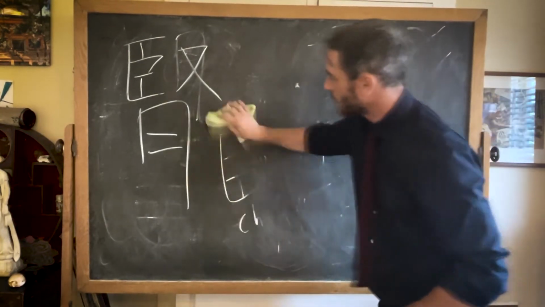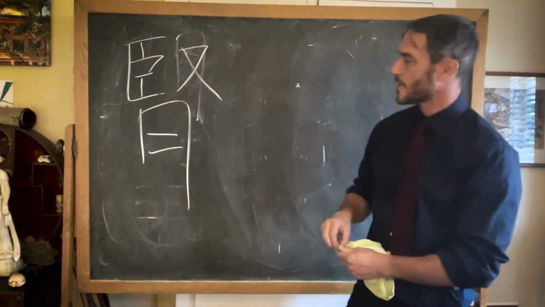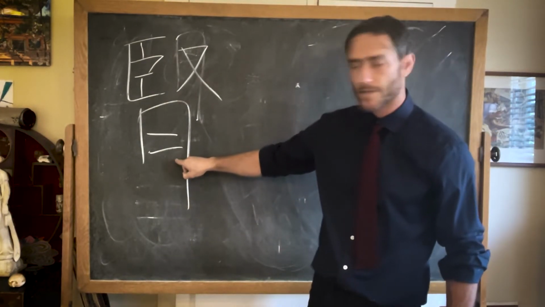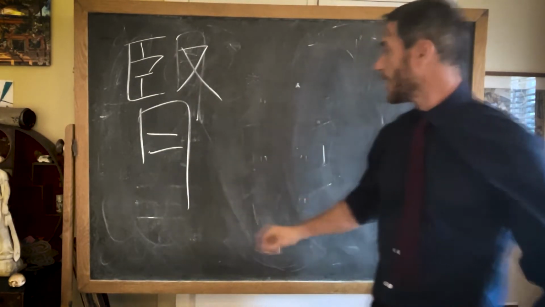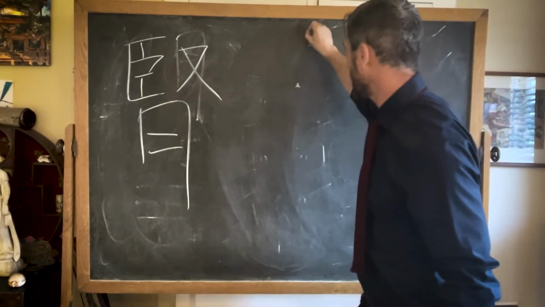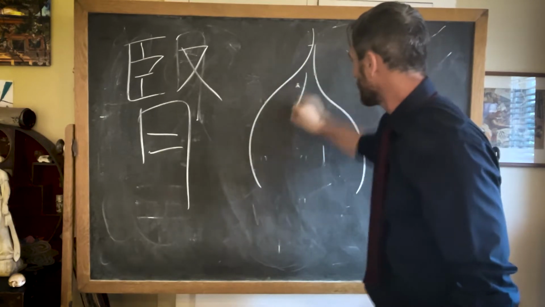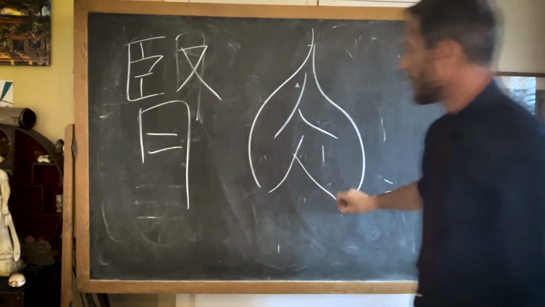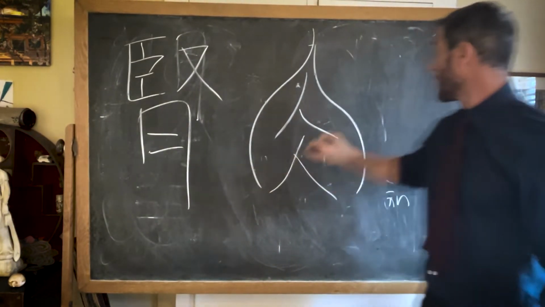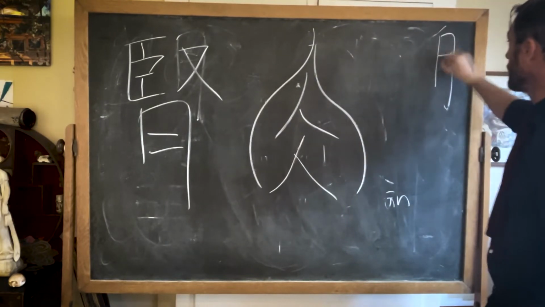Below, and we didn't see this portion of the character with relation to the heart, is this character for flesh. So this was originally written something like this. Now, of course, it looks a lot like the character for the moon.